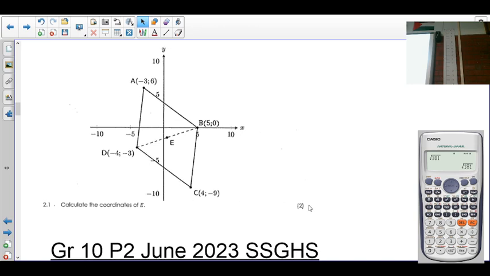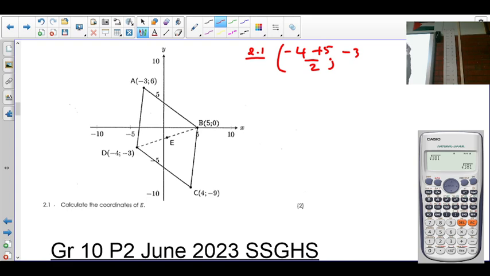People, that is simple. That is the midpoint formula. So x1 plus x2 over 2, y1 plus y2 over 2. So that's going to give you negative 4 plus 5 over 2, negative 3 plus 0 over 2. So that is a half, and negative 3 over 2.